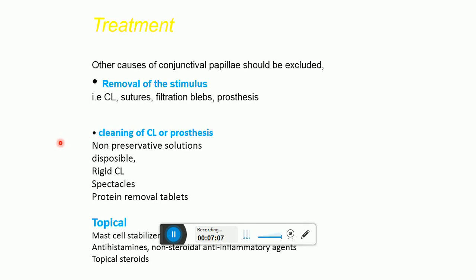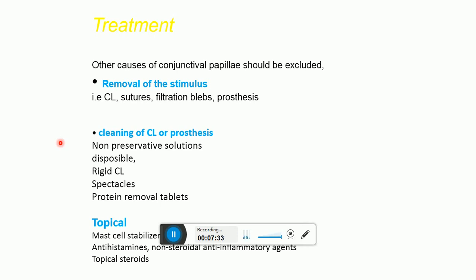The topical treatments are mast cell stabilizers, non-preserved in patients wearing soft contact lenses. They can be instilled when the lenses are not in the eye, with a delay of perhaps half an hour after drop instillation prior to lens insertion. Most can be continued long term if necessary.